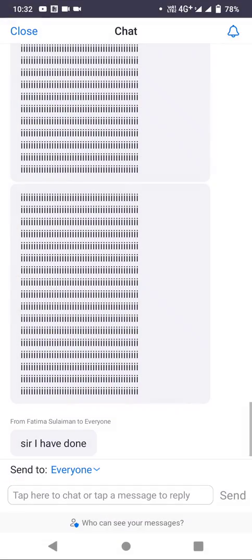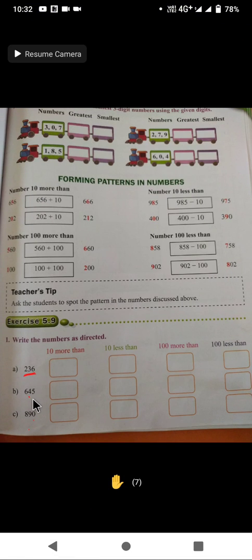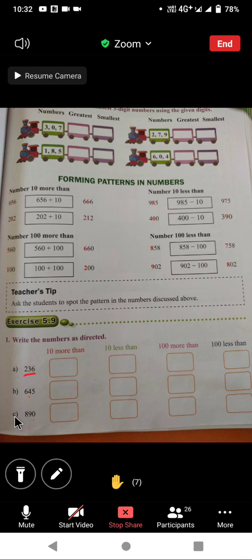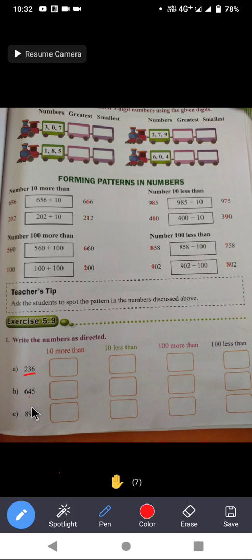Yes, can you tell me what is 10 less than 645? Part B, 645 is there. You have to tell 10 less than. Sir, your voice is not coming.